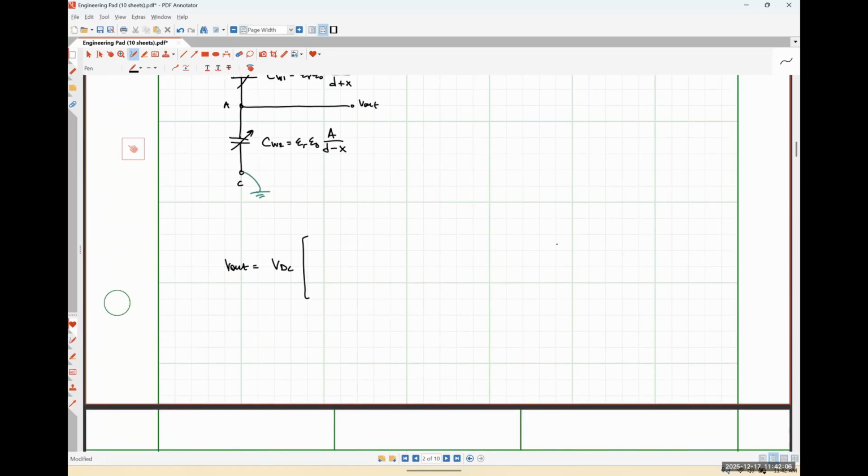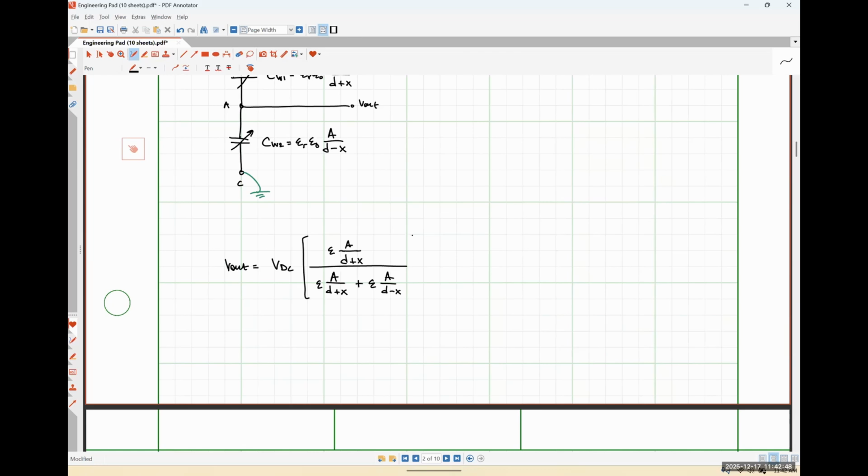So I'm going to write that as simply epsilon times A over D plus X, where epsilon by itself is just epsilon R times epsilon naught lumped together to be a single term, the permittivity of the medium, okay? Divide this by epsilon times A over D plus X plus epsilon times A over D minus X, okay?